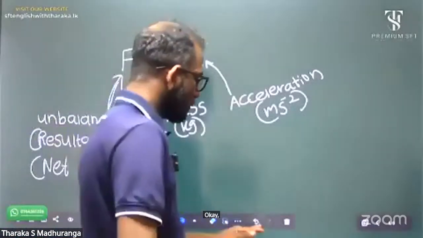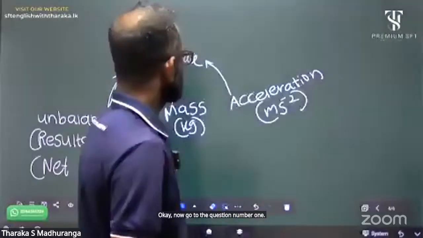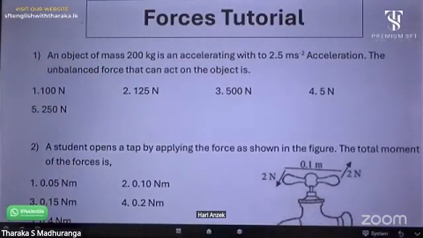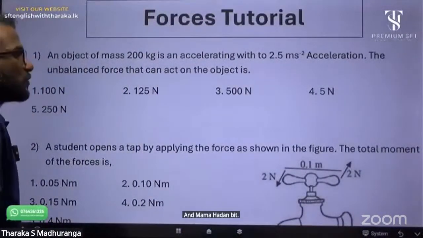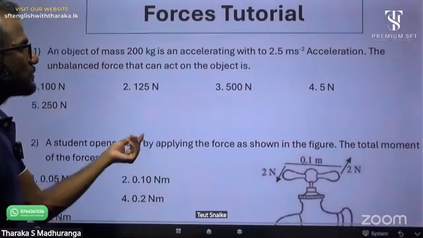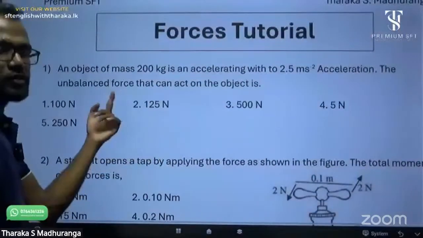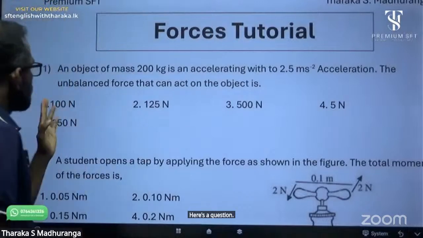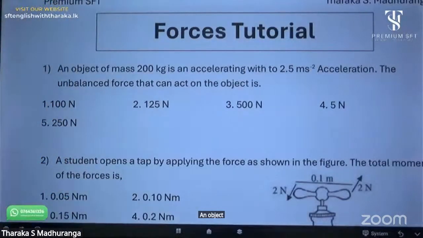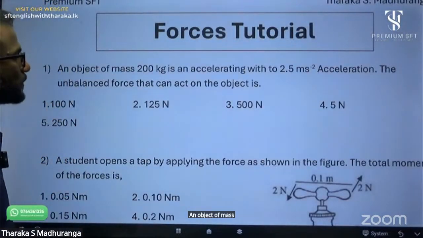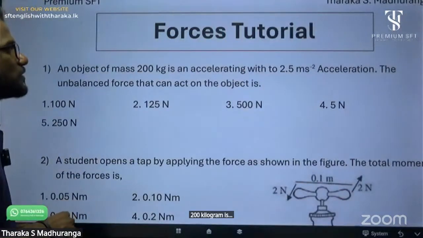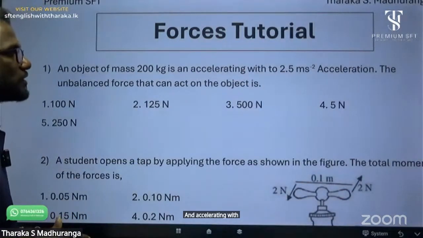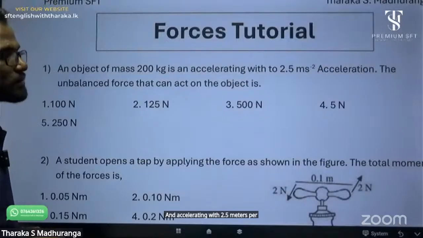Okay, now go to question number 1. Please put your answer, everyone try it. Don't say there are no tutes, try it from this. This is a question. An object of mass 200 kilogram is accelerating with 2.5 meters per square second acceleration.